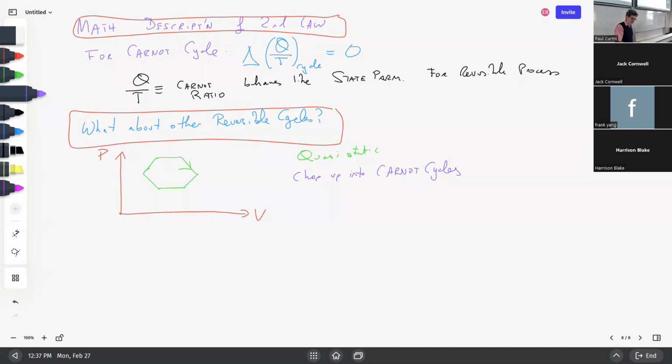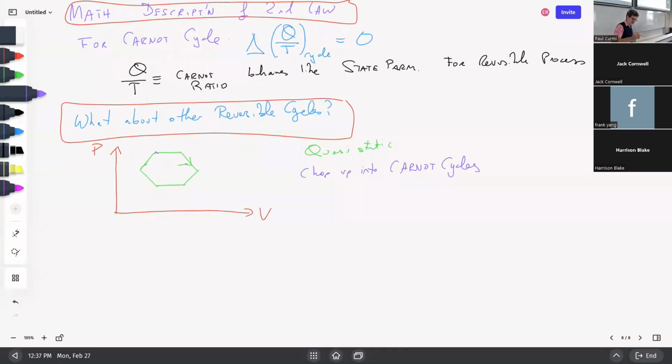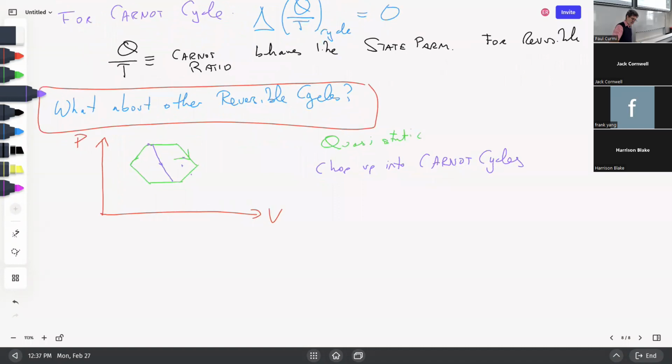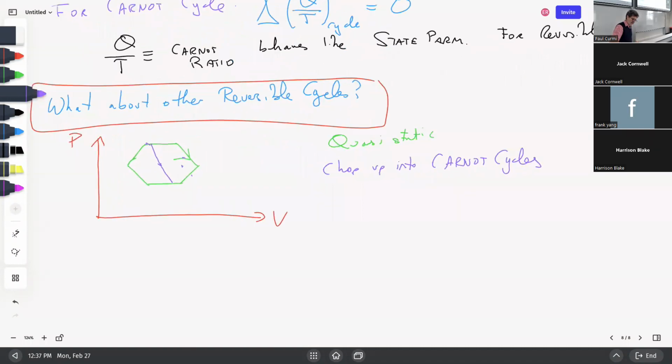Literally, I have a little isotherm there, swing down there, little isotherm there, swing up there. There's one Carnot cycle, and that's from T hot 1 to T cold 1.